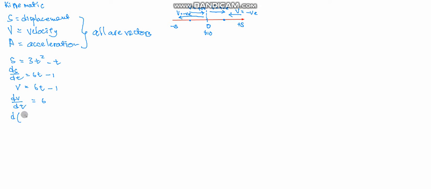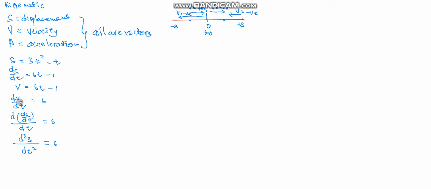Now what is v? v is actually ds/dt, so dv/dt is d over dt of ds/dt. This can be written as d2s over dt squared. So this is basically acceleration, dv/dt.